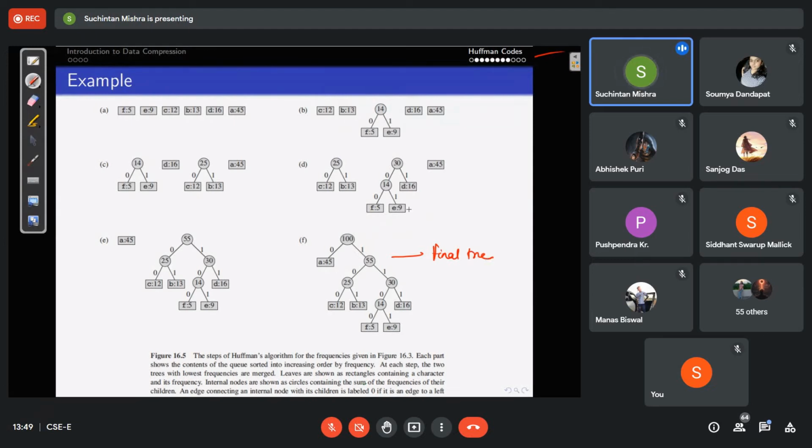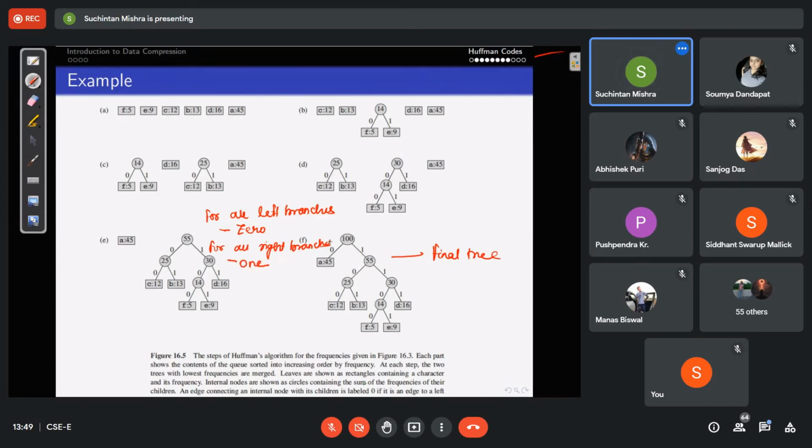In this final tree, there is an interesting point to look at. The last step is that for all left branches, you write 0, and for all right branches, you write 1.